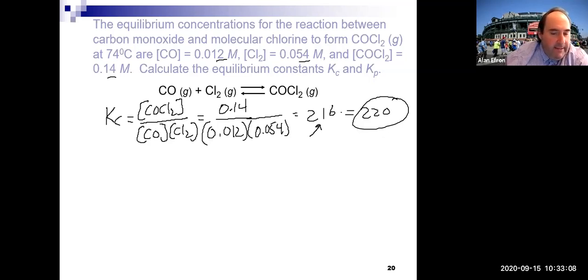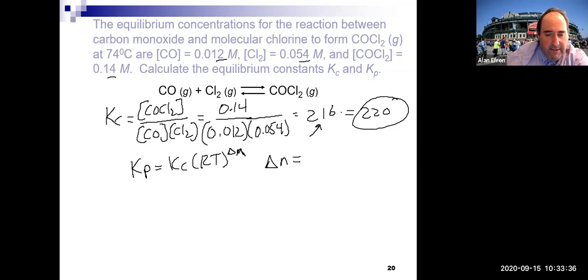And at this point, we do want to go to our KP. We could use that equation or formula that will take us between the two. So we do need to figure out a couple of things here. What we want to do is find delta N in this particular case. Delta N, again, is our products minus our reactants in terms of our gases.